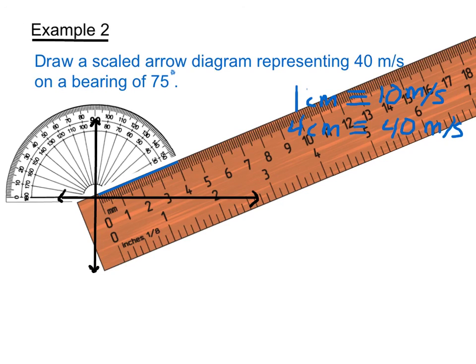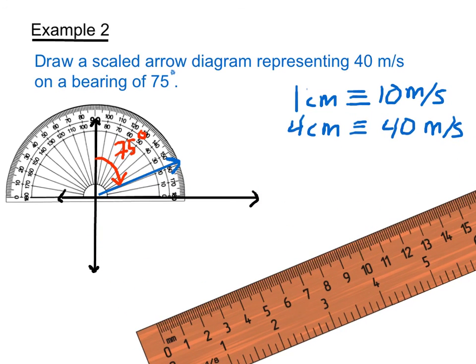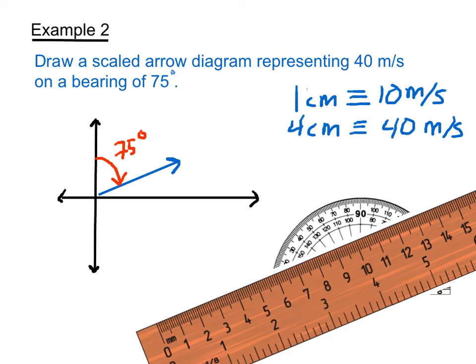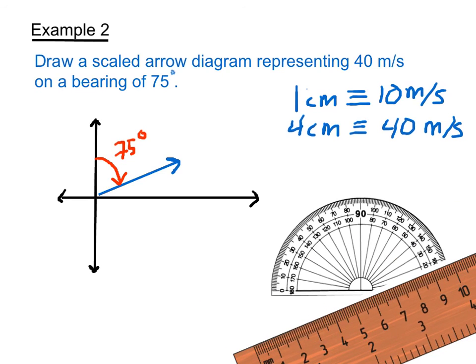Here's my line that's exactly 4 centimeters long on a bearing of 75 degrees. And we can get the ruler and the protractor out of the way. And here's our scaled arrow.